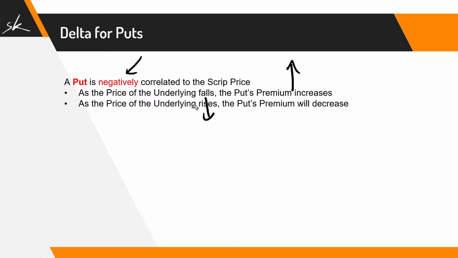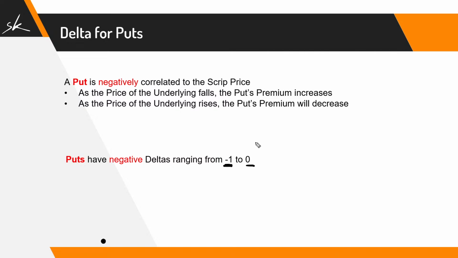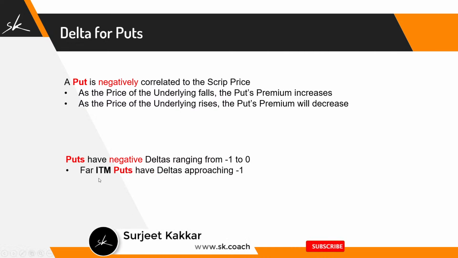Similarly, as the price of the underlying starts rising, the premium will decrease. That is what happens in case of puts because they are negatively correlated units. Now, puts have deltas ranging from 0 to -1. So here also, the maximum it can go is -1, minimum can be 0. Because they are negatively correlated units, that's the reason it is -1 and 0. So what is going to happen?